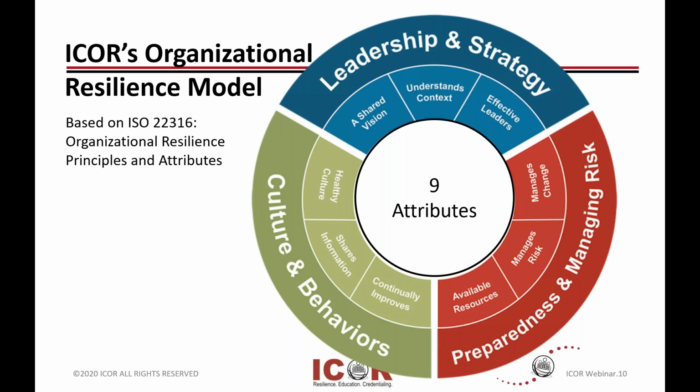Then we looked at, there's 9 attributes that were identified in the standard, and we put those under the categories. So we've got shared vision, understanding context, and having effective leaders under leadership and strategy. We've got a healthy culture, sharing information and continual improvement under culture and behaviors, and under preparedness and managing risk, we have having available resources, essentially managing risk in some manner, and also managing change.